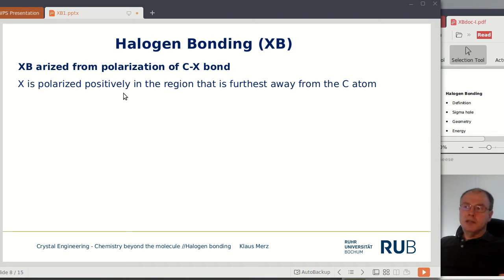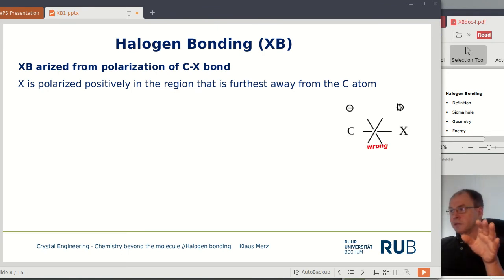If you read the sentence the first time, you think something like this: the carbon is negative and the halogen is positive. You see directly in this figure this is wrong. So this sentence is not directly clear.